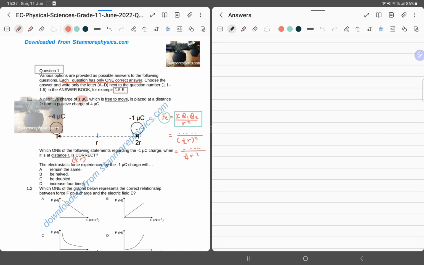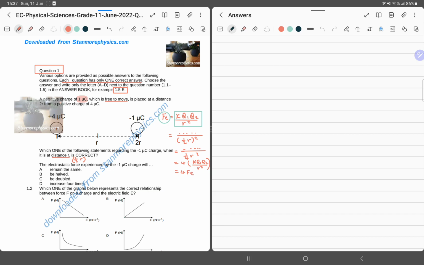And when you divide by a fraction, it essentially multiplies in front. Now we're going to have k q1 q2 over r squared. Guess what? This is basically 4 times the electrostatic force.